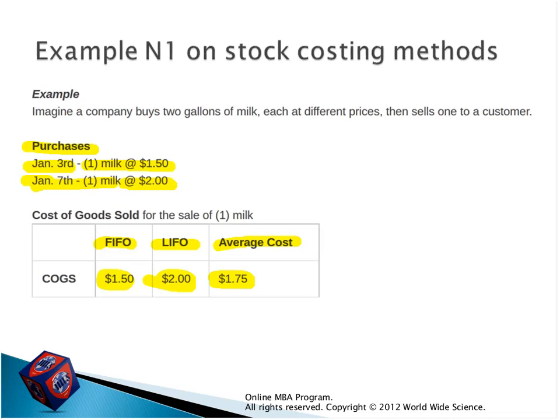Two items of the purchases. And we derive $1.75, which is the price of the average costing method.